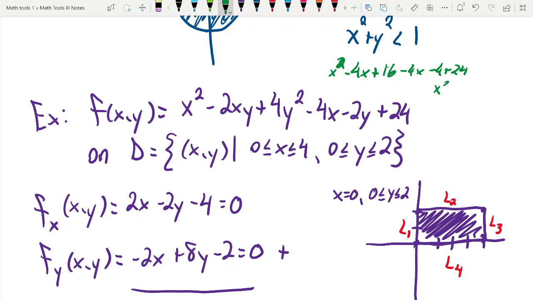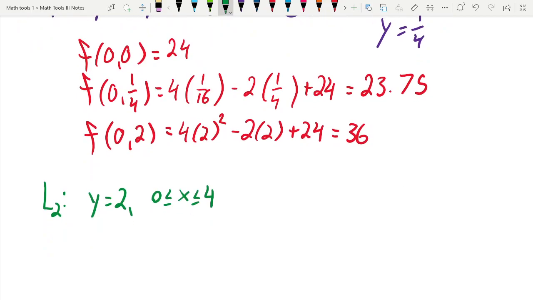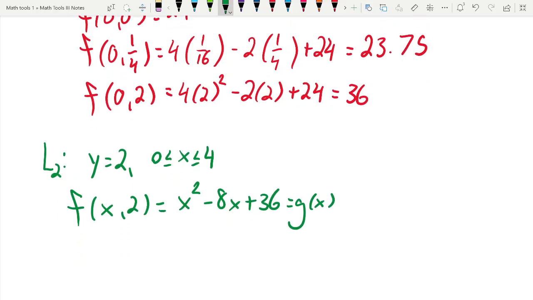So we'll have x squared minus 8x, 12 plus 24, so plus 36. Does that sound right? Yeah, that looks right. So we have f of x, 2 is equal to x squared minus 8x plus 36. Okay. And again, I'll just call this g of x.